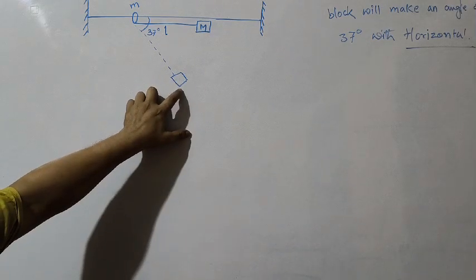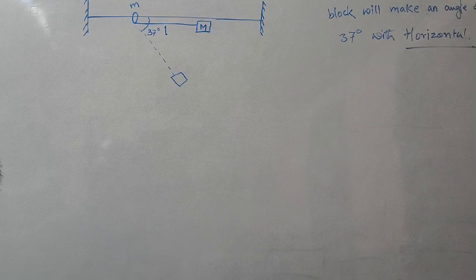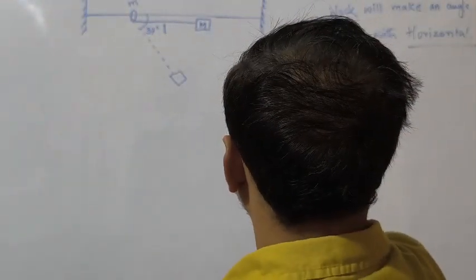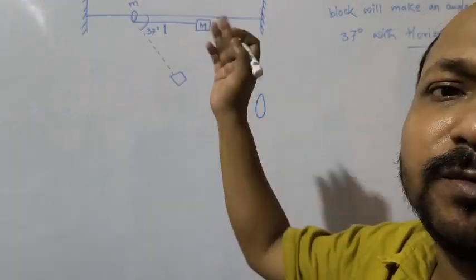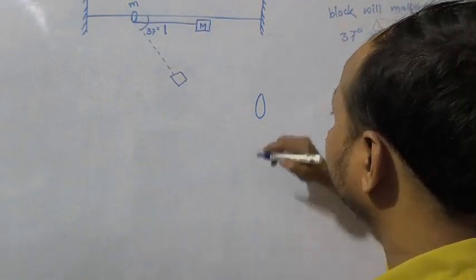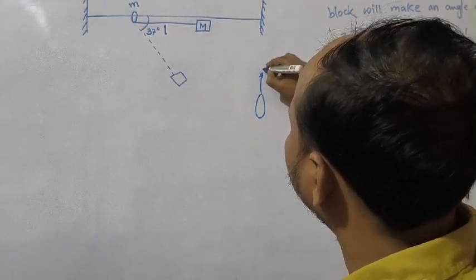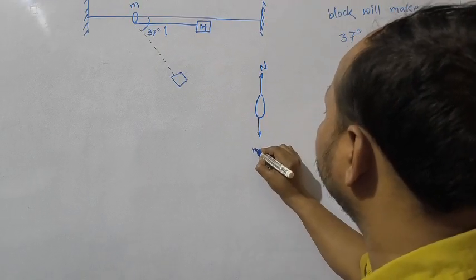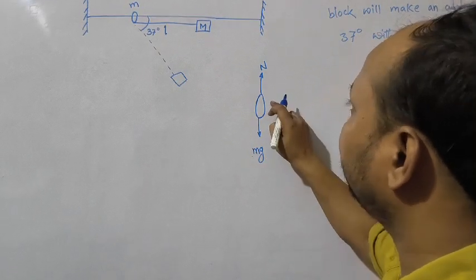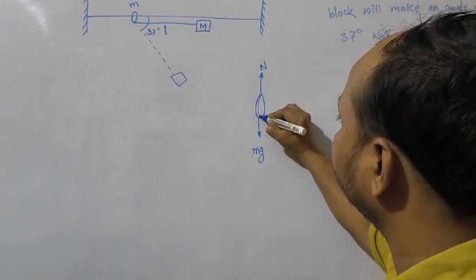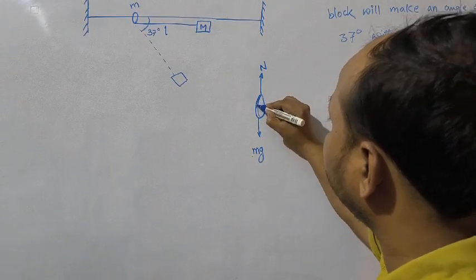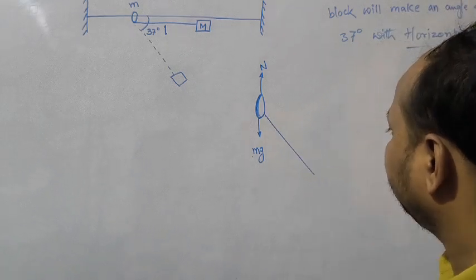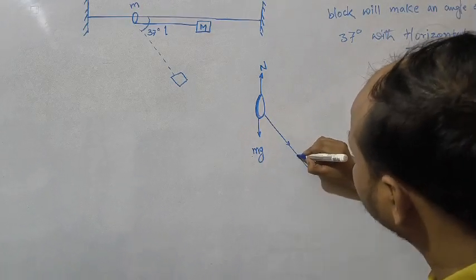At this position I am drawing the FBD diagram. Okay, so let's say, see, this is the ring. If the surface is smooth, then no need to show the friction. So this will be the normal. This will be the mg. I am assuming small m for mass of ring, or bead. Now this is the tension in the string.